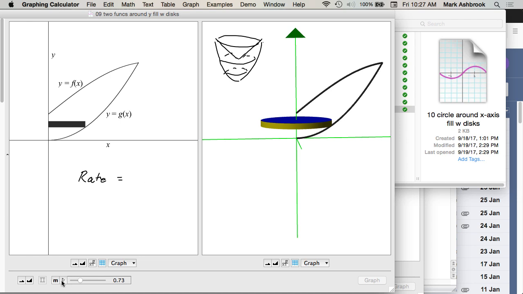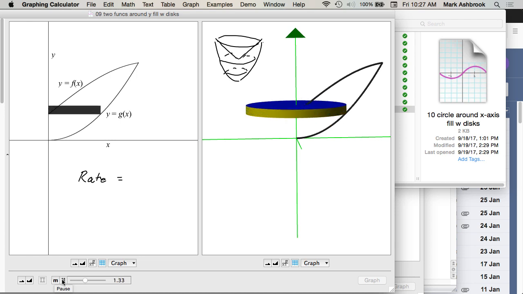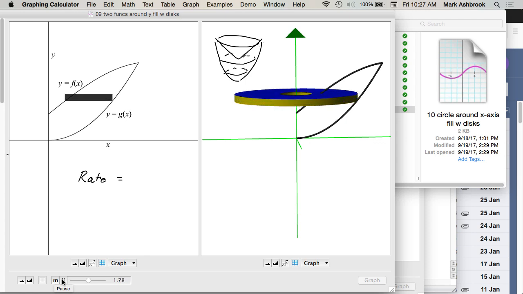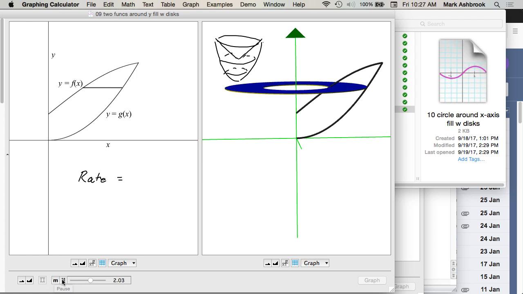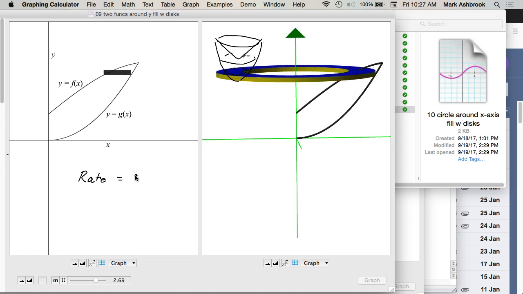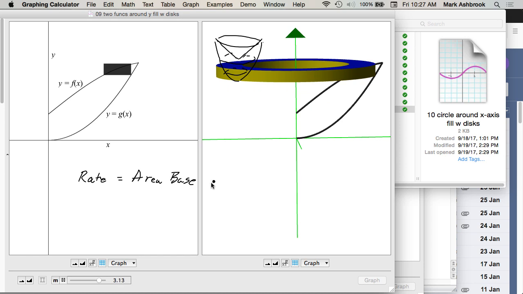But what do you notice about what's happening here? Look at the blue. Now watch. So what's different about this? What's going on here? Right. When we get to this point, is that y equals 2?